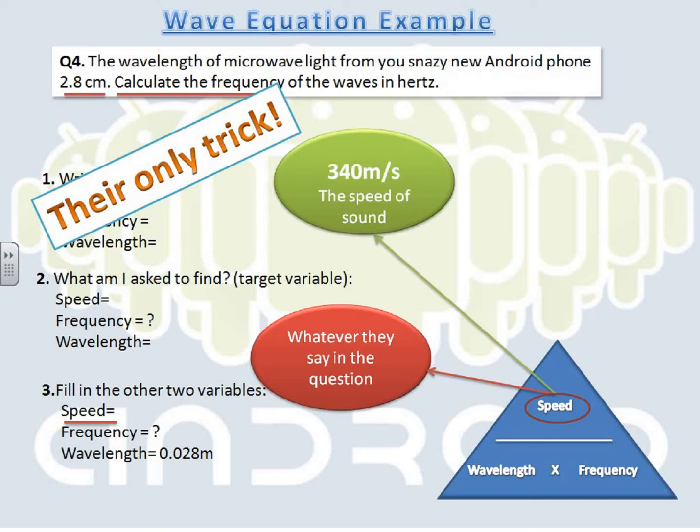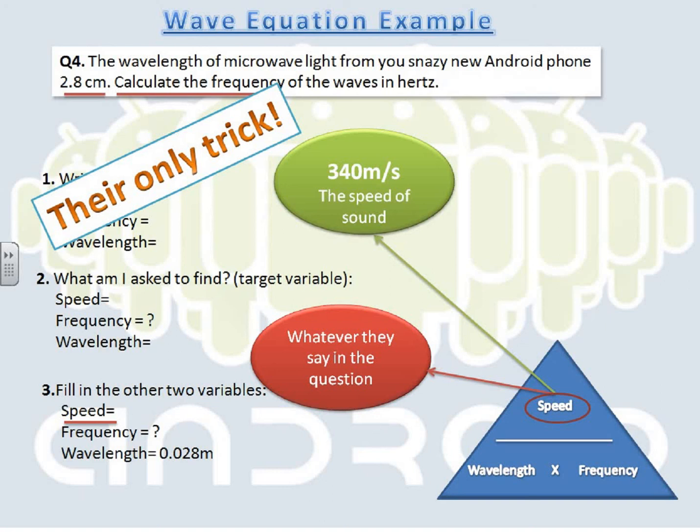or they could give you the speed of sound. So what they might say is some guy singing a note, some gorilla is grumbling, anything that has sound in it. Your speed is going to be 340. Sometimes it's 330. It really depends on the questions. But you can just take it to be the speed of sound, which you will be given somewhere on your page.